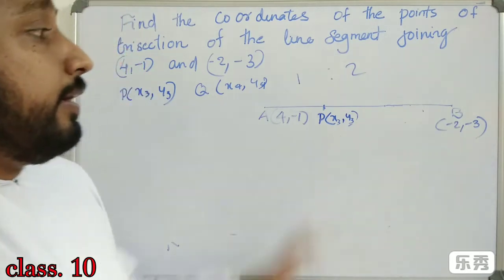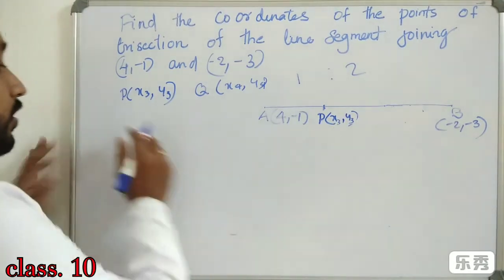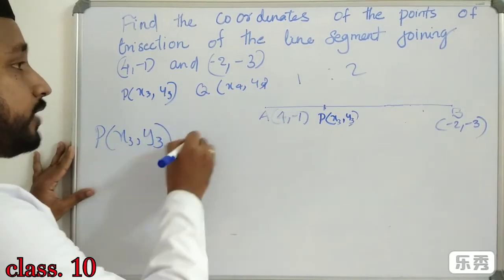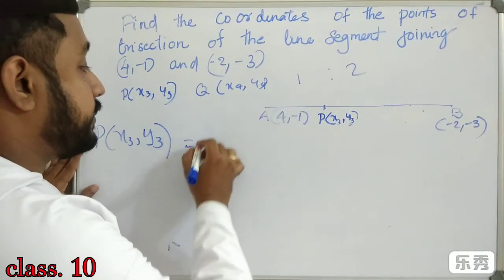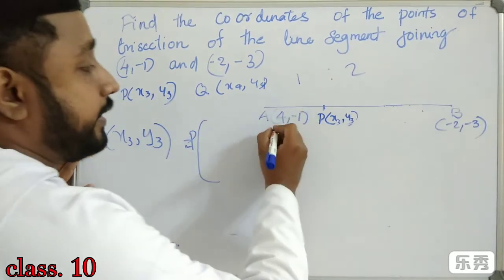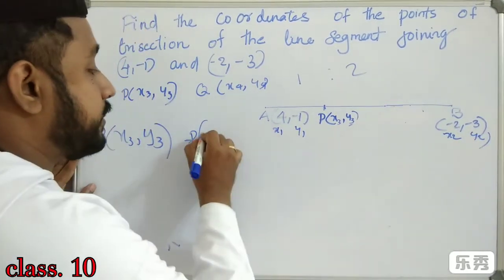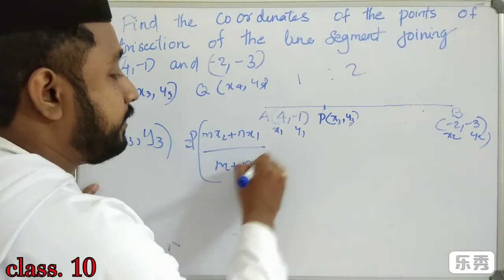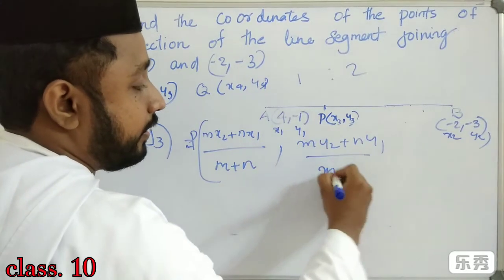Now we can find the coordinates x3, y3 using the section formula. P (x3, y3), ratio is 1:2. This is x1, y1, x2, y2. Our formula is (mx2 + nx1)/(m + n), and here (my2 + ny1)/(m + n).